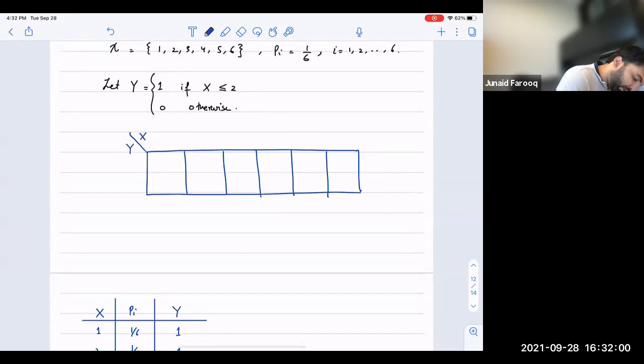So this is X, this is Y. X is 1, 2, 3, 4, 5, 6.